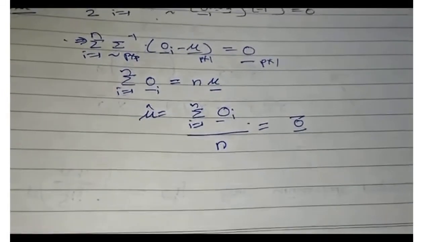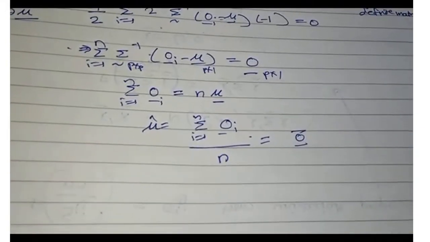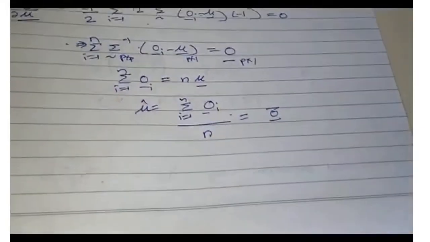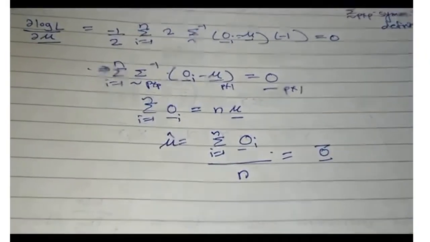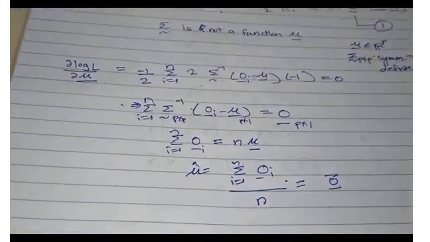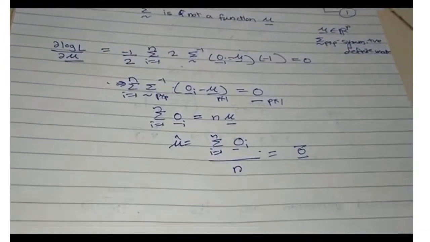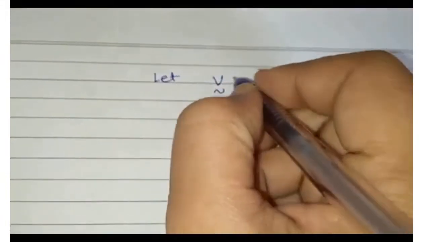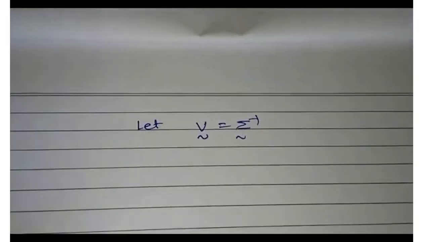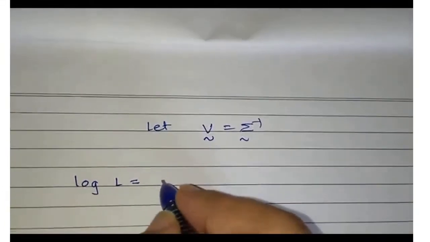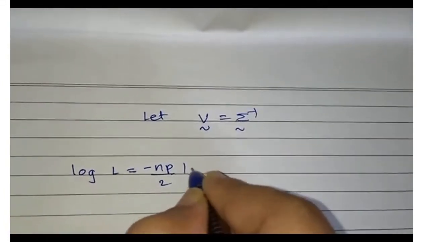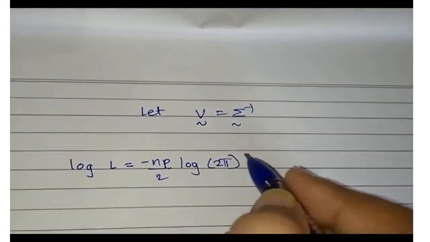Now we have to worry about the maximum likelihood estimate for variance. Variance is sigma, and we actually don't know how to differentiate with respect to an entire matrix. So we will try to differentiate with respect to components of the matrix. But before that, to make things easy, let me define a matrix V as sigma inverse. As a result, my log likelihood becomes log L equal to minus np by 2 log of 2 pi.